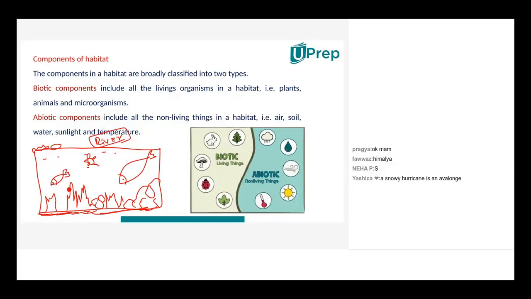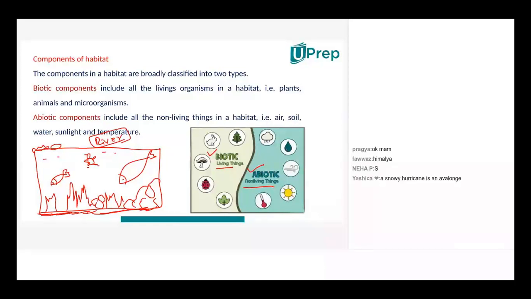Now, every habitat will have certain living things which are known as biotic and certain non-living things which are abiotic, right? Now, Fawaz, can you tell me in this river which are the living components?